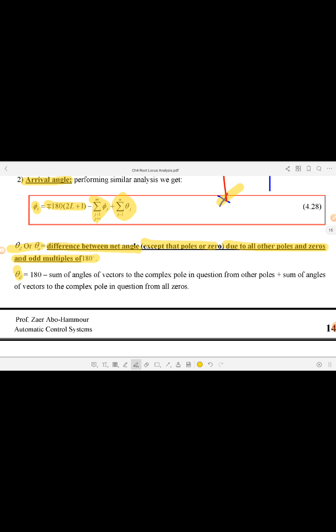So for theta D, it's equal to 180 minus the sum of all vectors to the complex pole in question from other poles, plus the sum of all vectors to the complex pole from all zeros. Here we have said all zeros, but we have said other poles because we are calculating theta for a certain one of the poles.